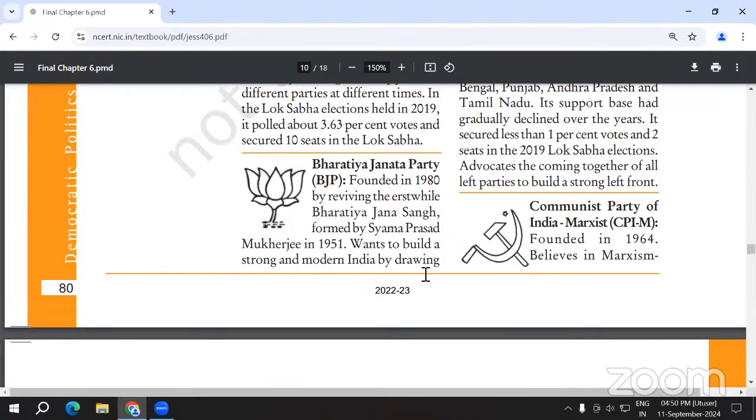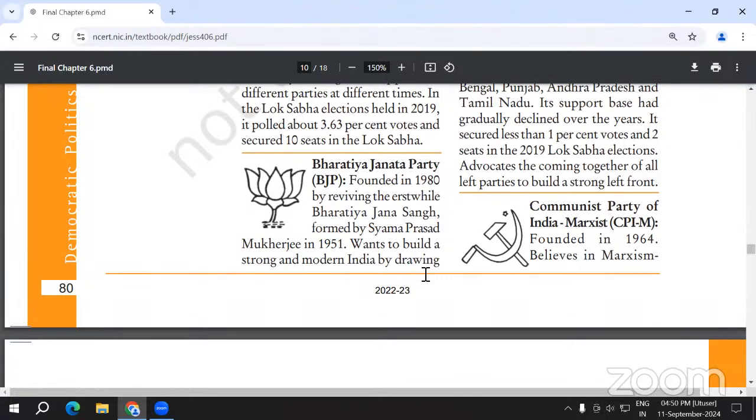BJP was founded in 1980 by reviving the erstwhile Bharatiya Janasangh. Earlier, in 1951, there was a group named Bharatiya Janasangh. It was founded in 1951.